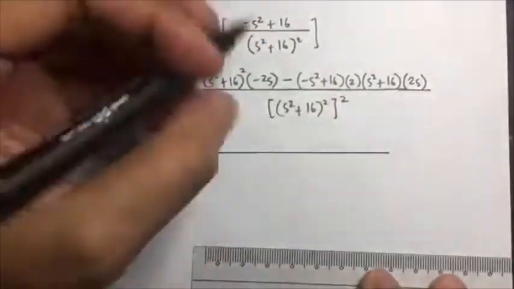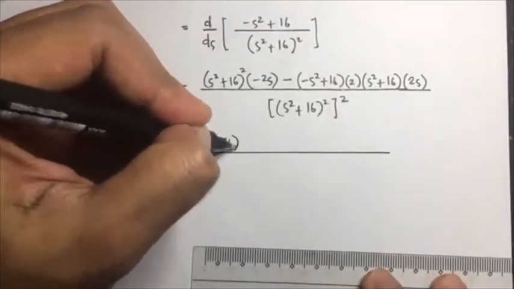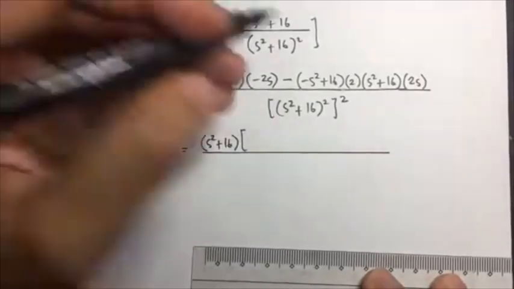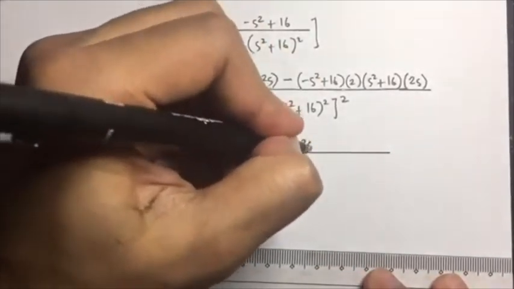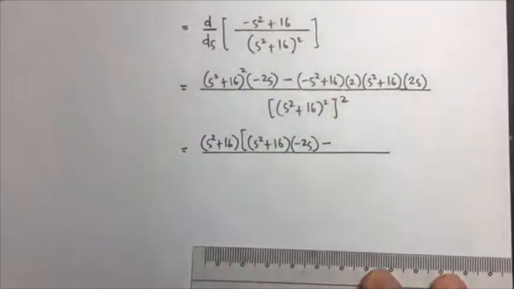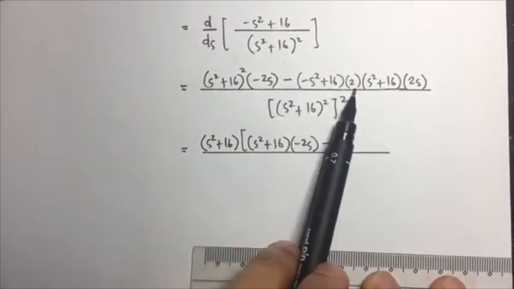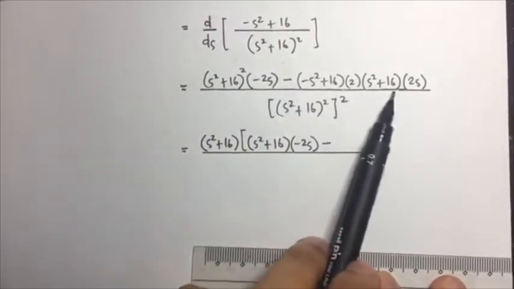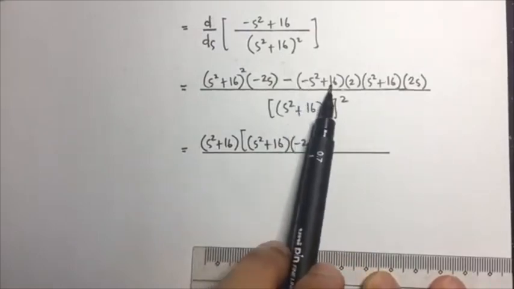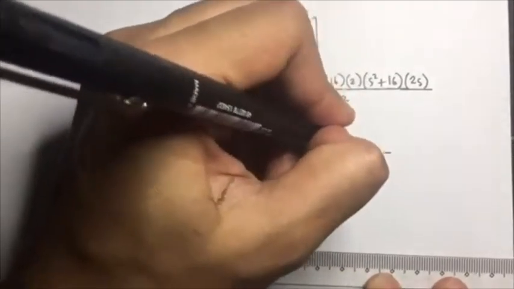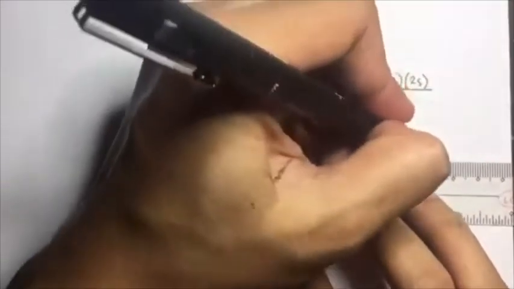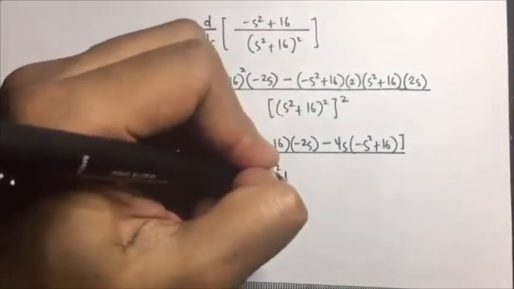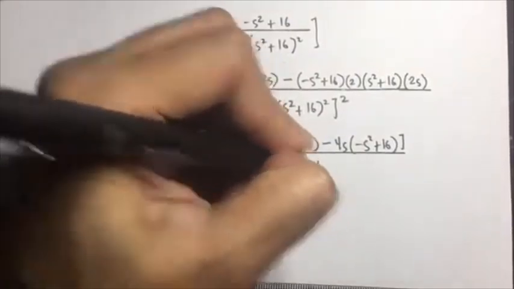What will remain is s squared plus 16 times negative 2s minus negative s squared plus 16 times 4s, over s squared plus 16 raised to the power of 4.